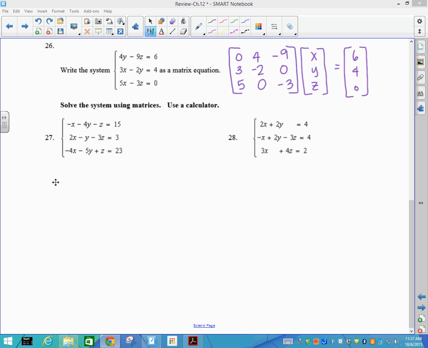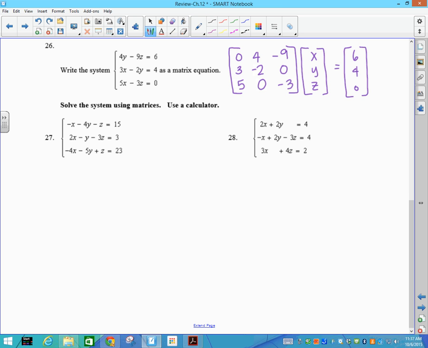So this first one, if you want to say my variable matrix of x, y, z is equal to, actually, let's go ahead and write it out like we're supposed to. That's too much to do in one step.